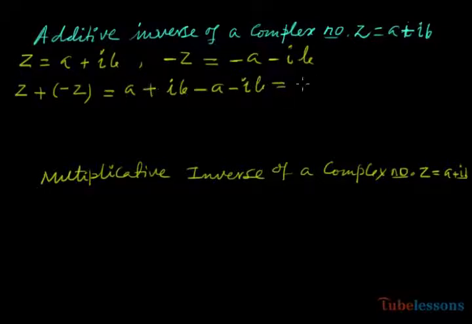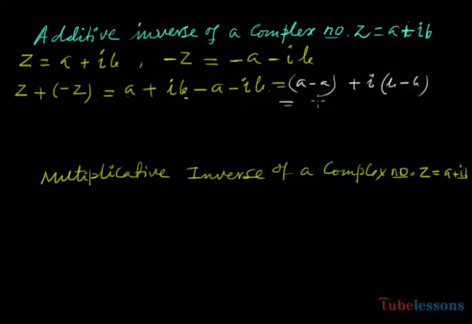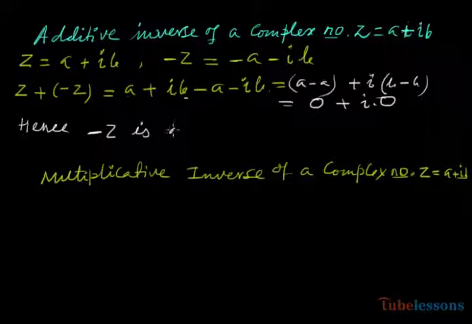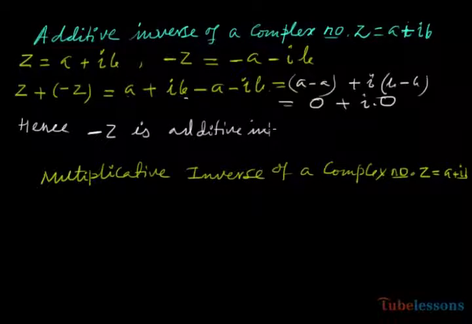Now a minus a, then b minus b. A minus a is 0, and 0 is the additive identity, hence minus Z is the additive inverse of Z.